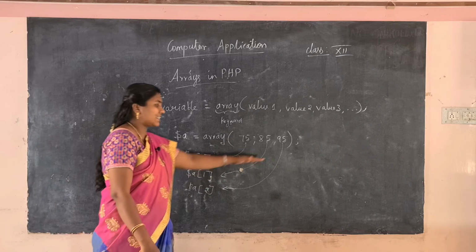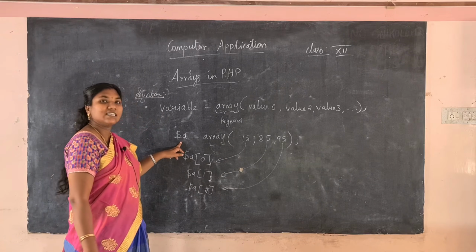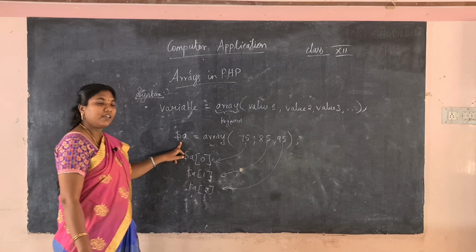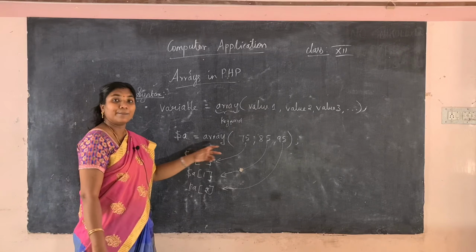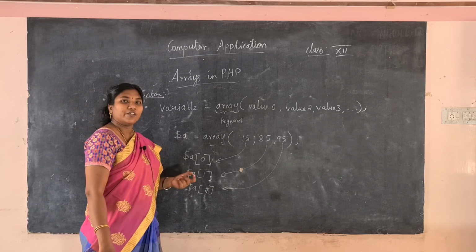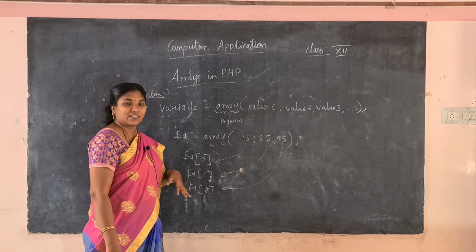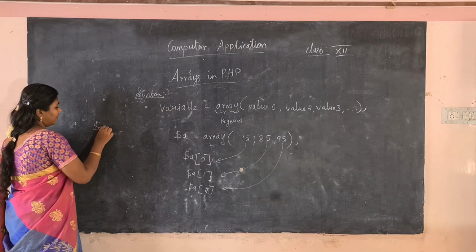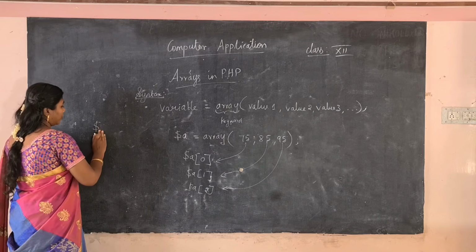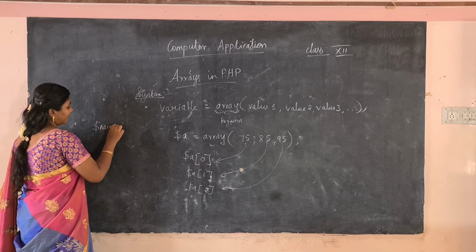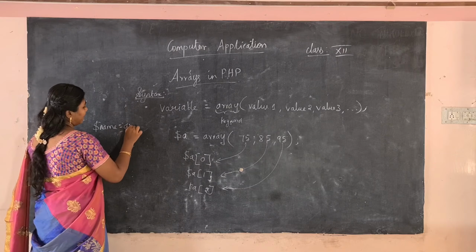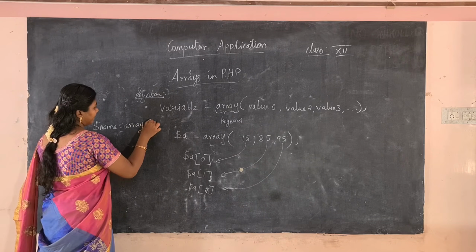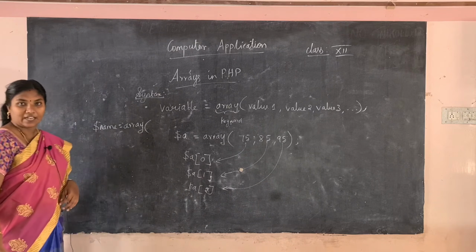They are under the same data type and they share the same variable name. This is the array concept with numbers I have given to you. You can use the same thing for strings, that is characters, also. Suppose I have dollar name, my variable name is name, and I am giving array, and within the brackets I give the values.